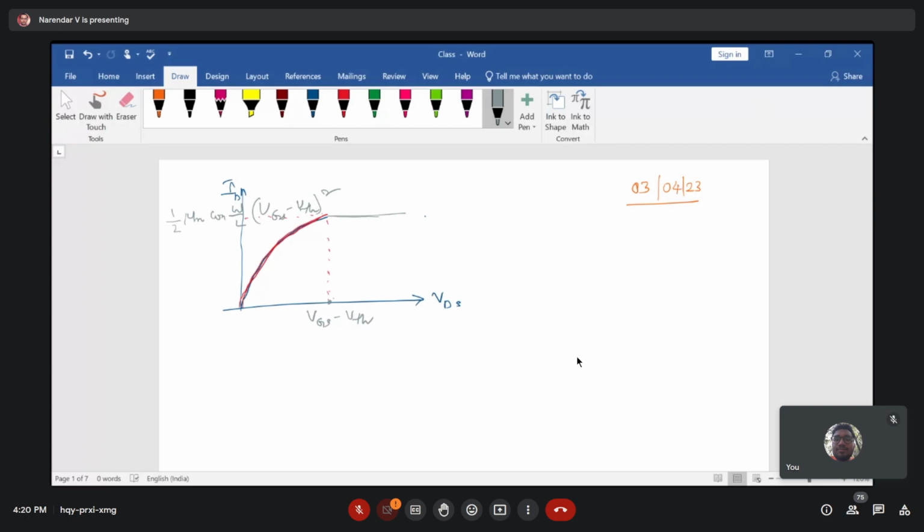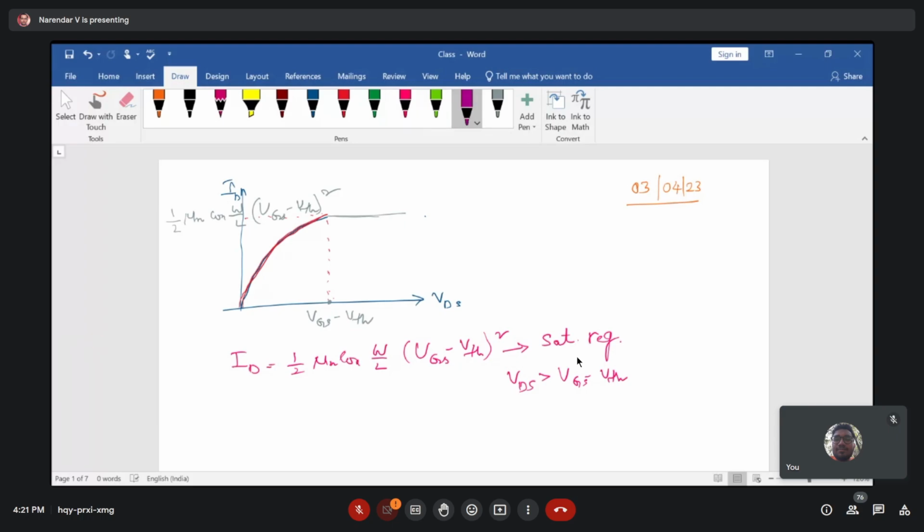Right? Okay. Now if you write the same expression once again here, which is ID equivalent to half mu n COX W by L (VGS minus VTH) whole square, and this is the current when you are under saturation region of operation, right? And the condition for saturation region of operation is that VDS is greater than VGS minus VTH.